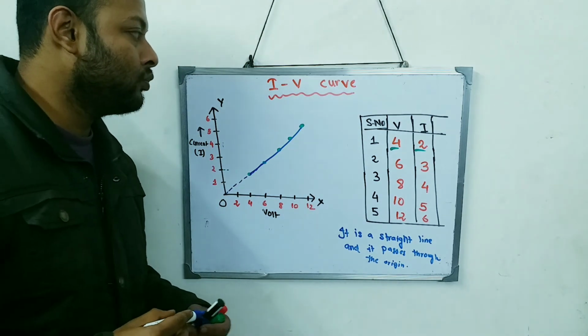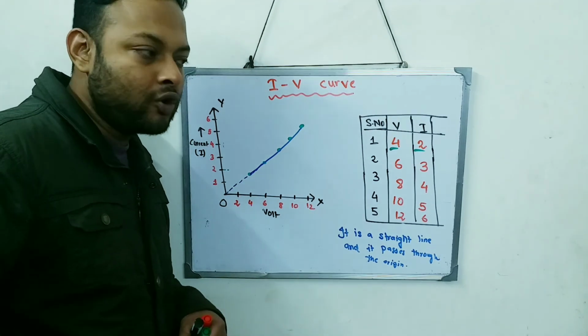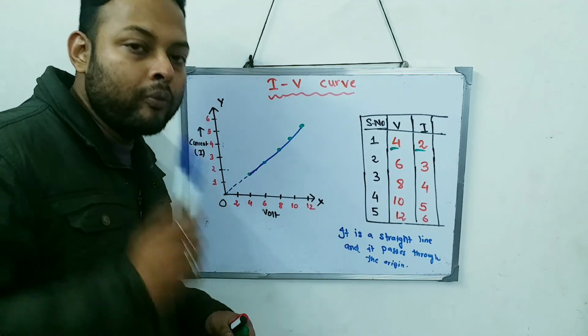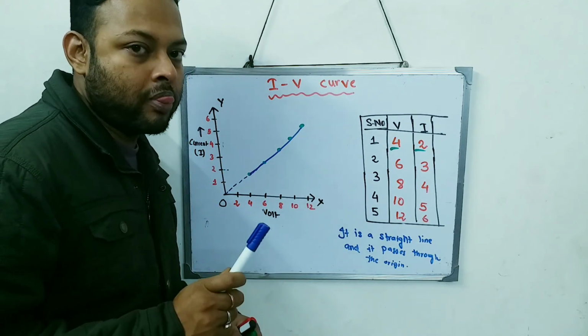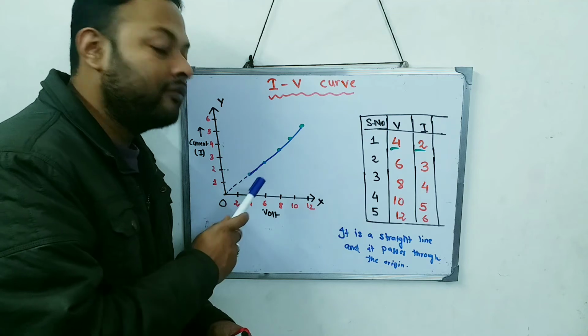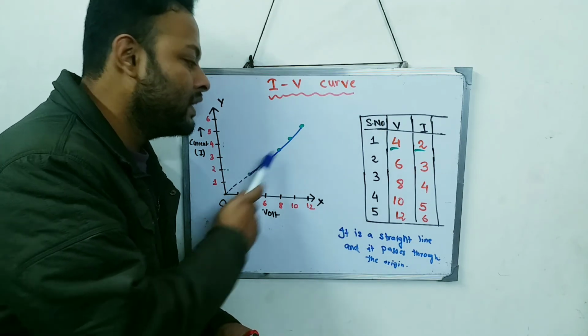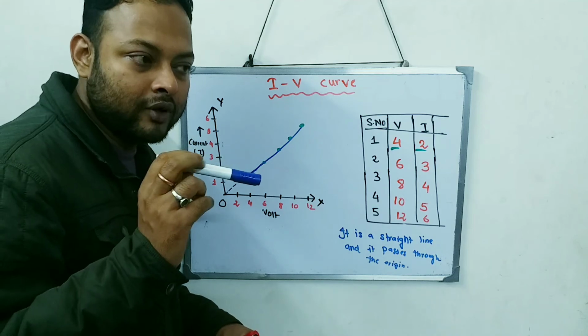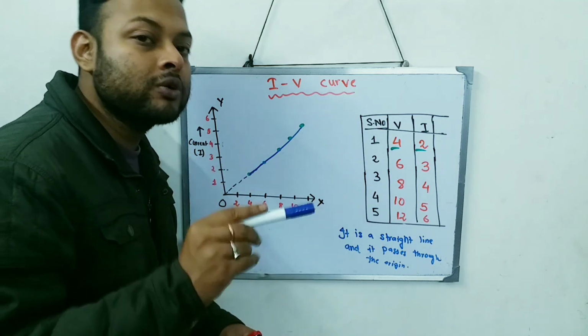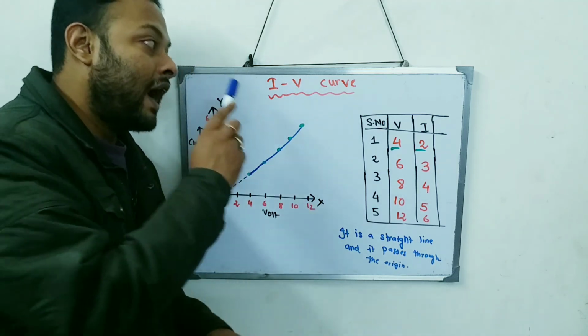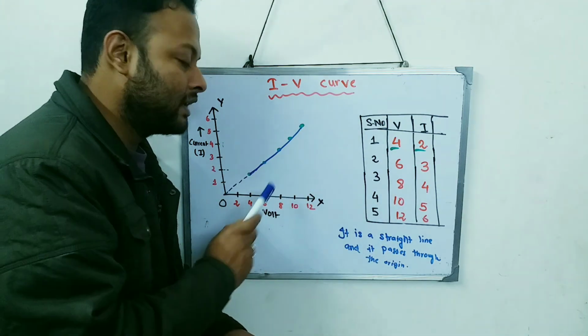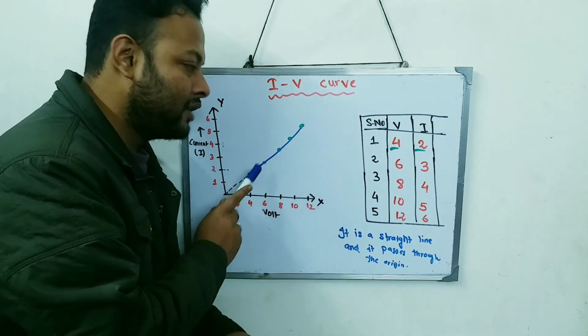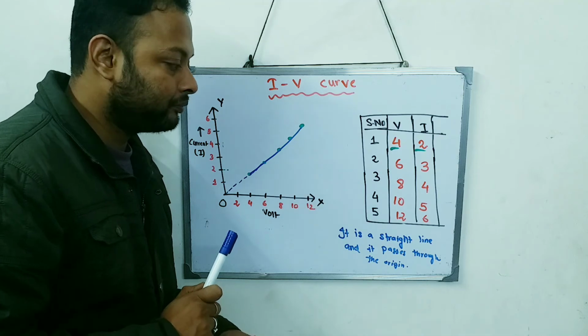So from here, one thing we have to understand, any conductor which is obeying Ohm's law, the graph that I will get will always be a straight line. Again, I'm repeating myself, a conductor which is obeying Ohm's law, the IV curve for that conductor will be a straight line, which just now I have drawn.